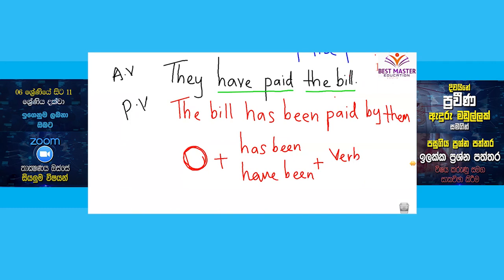You know the verb form here, PP. PP means, remember it, past participle. If you want, you can add the doer by using by.